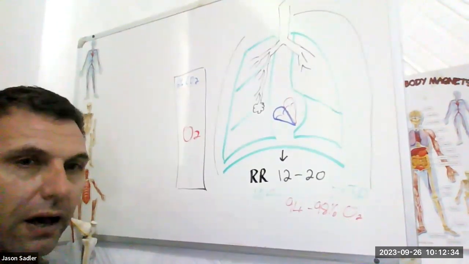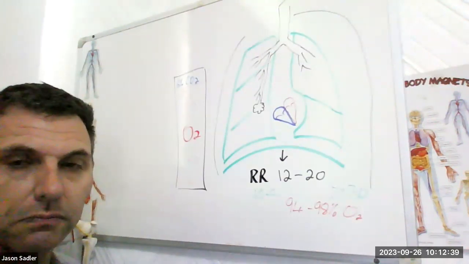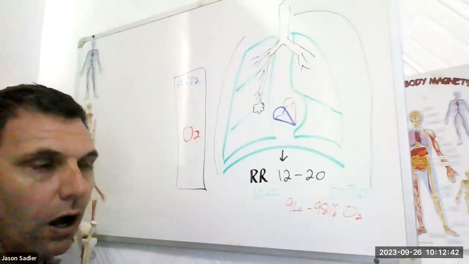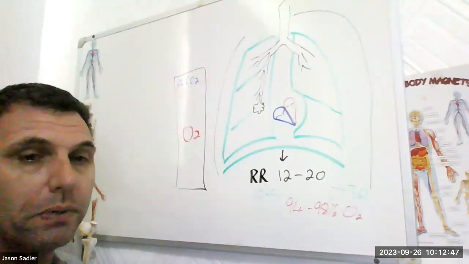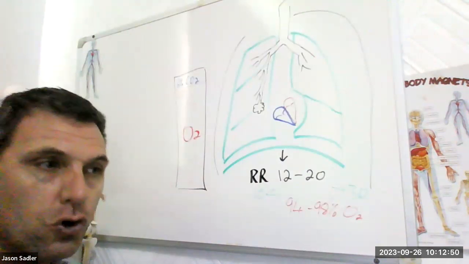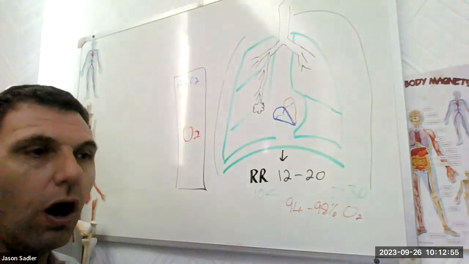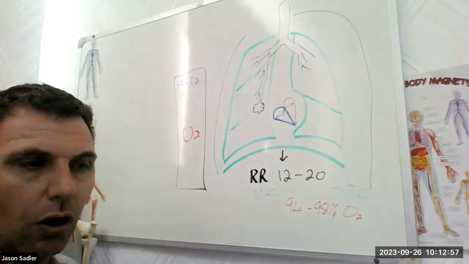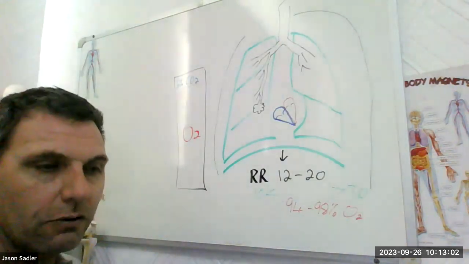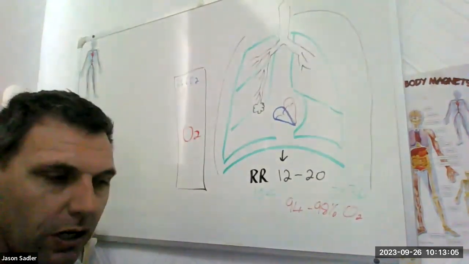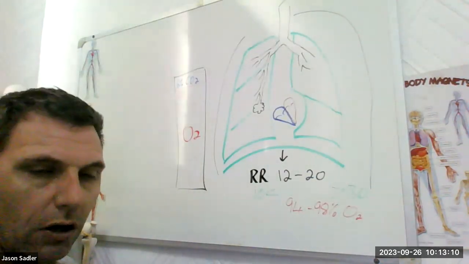So when I breathe out, 4% carbon dioxide comes out. So think about the numbers. I breathe in air, within that air 21% is oxygen, 0.4% is carbon dioxide. When I breathe out, 16% oxygen and 4% carbon dioxide. The rest is the nitrogen and maybe a tiny bit of argon, but the two we're worried about are the oxygen and the carbon dioxide.